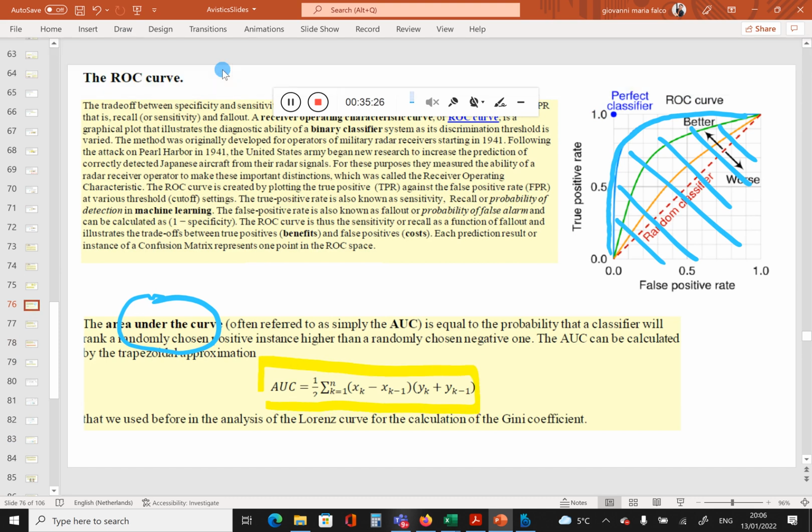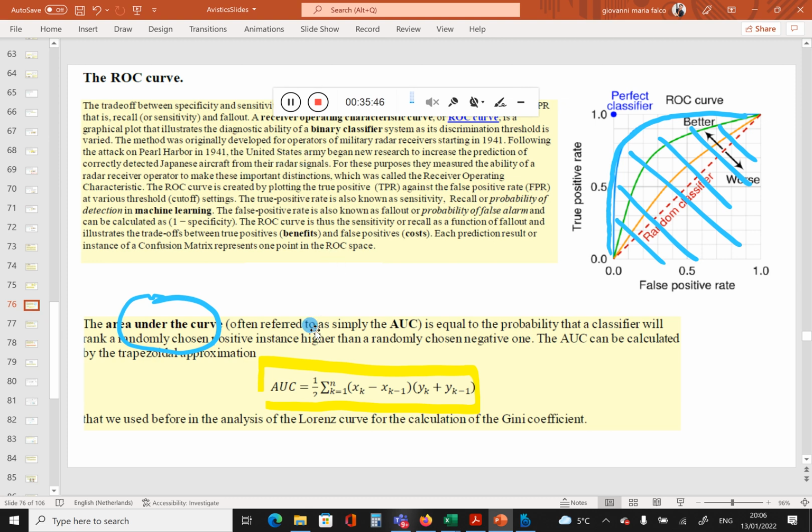where this formula comes from, I explained there, so look at that video. Of course the x variable in our case is the FPR, the false positive rate, and the y variable is the true positive rate on the y-axis. So what we want to do now is to implement this formula.